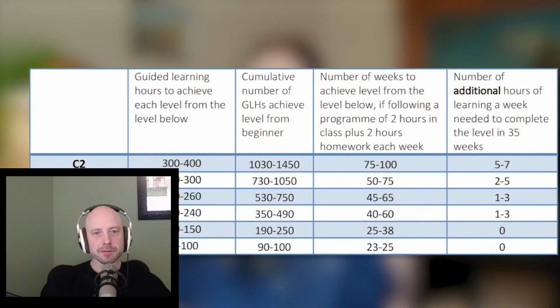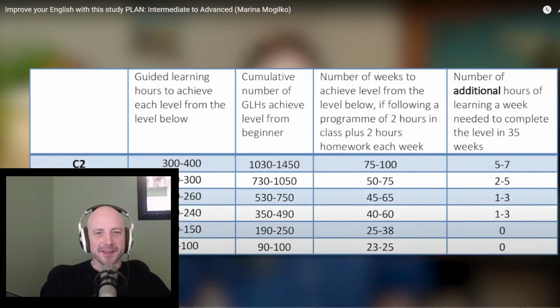And when I say that it gets harder and harder to get to the next level when you're closer to the top, I am not making this up. Let's look at the table that shows the number of learning hours you need to achieve each level from the level below. This is pretty similar to the table that I refer to as well whenever a student asks me, how long will it take for me to get X, Y, Z?